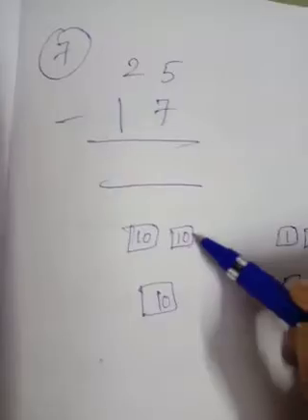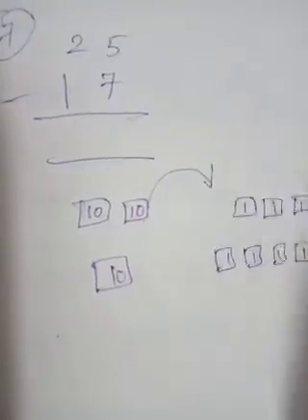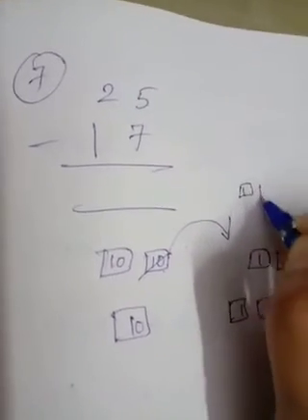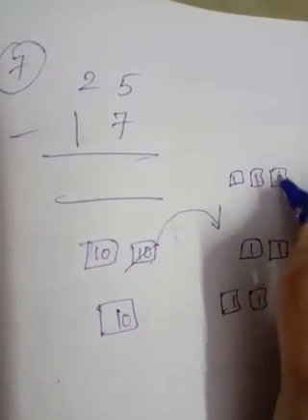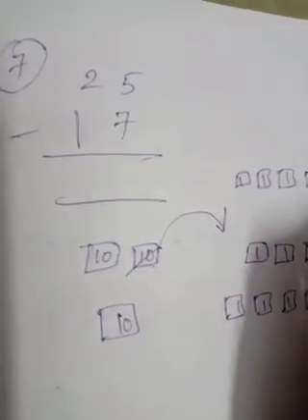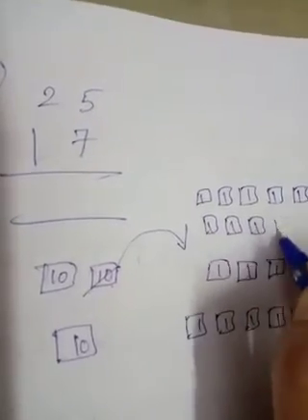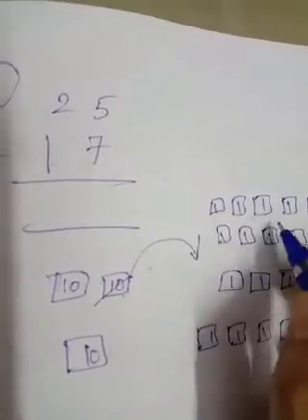Not possible. So here 10 will go here as a borrow. So cut it here, and here the 10 will be added. So 10 ones: 1, 2, 3, 4, 5, 6, 7, 8, 9, 10.